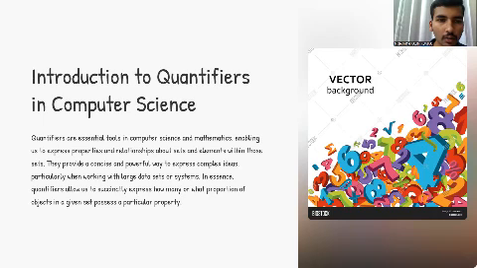Quantifiers are essential tools in computer science and mathematics, enabling us to express properties and relationships about a set and the elements within those sets. They provide a concise and powerful way to express complex ideas, particularly when working with a large data set or system.